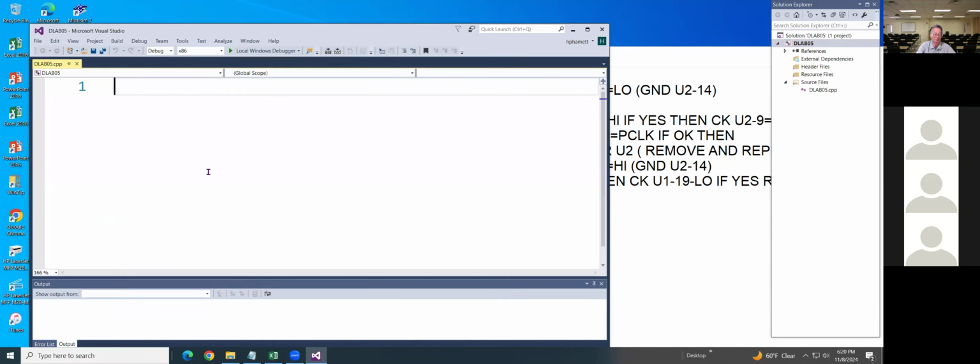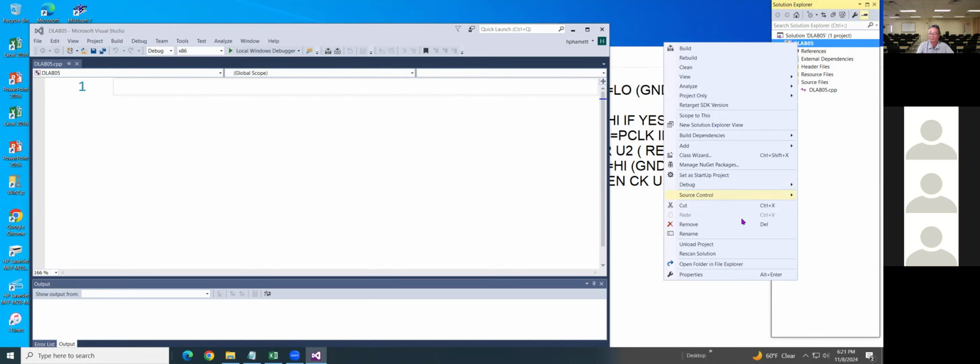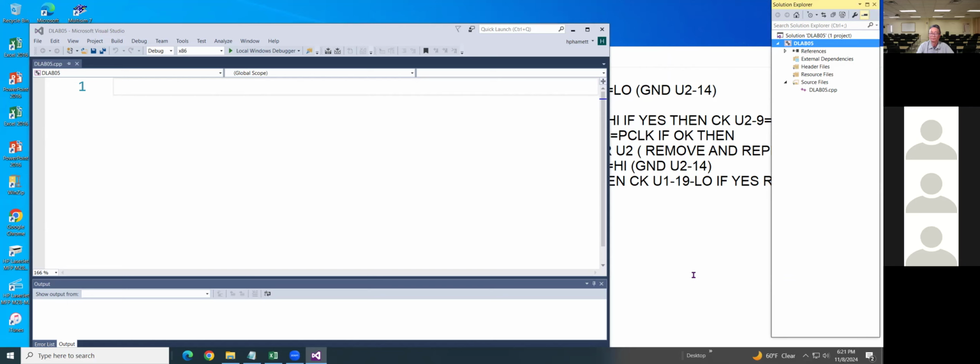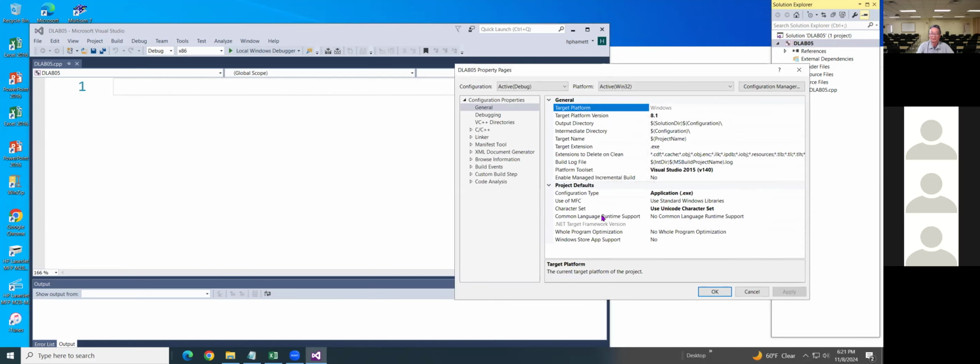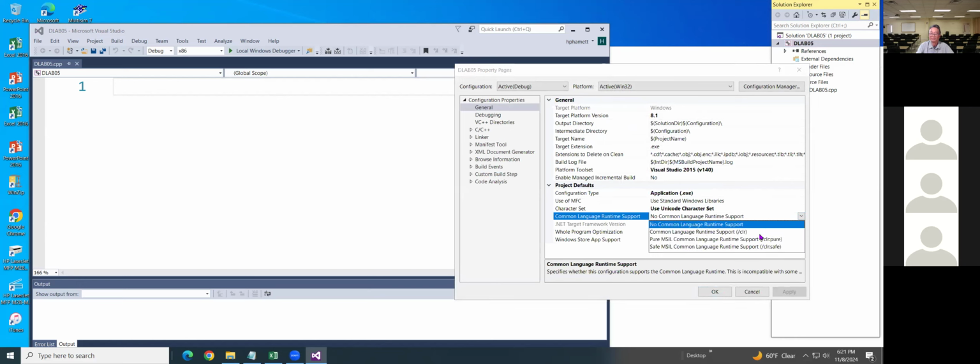That means your file is already added. Don't forget to put your clear. You have to right click on the left property, Common Language Runtime, CLR, right? Apply.